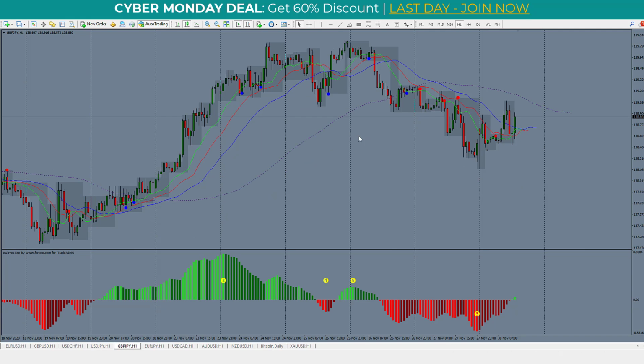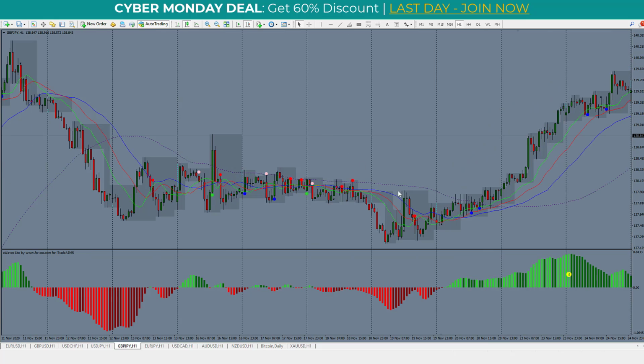The pound yen then, the reason we call it the dragon is because it's a cross between the pound dollar and the dollar yen. So it has the spikiness and the brutality of the pound. Dollar yen is not always very volatile, so when the pound volatility kicks in and at the same time the dollar yen volatility kicks in, then this thing really moves 300, 400, 500 pips in a day.